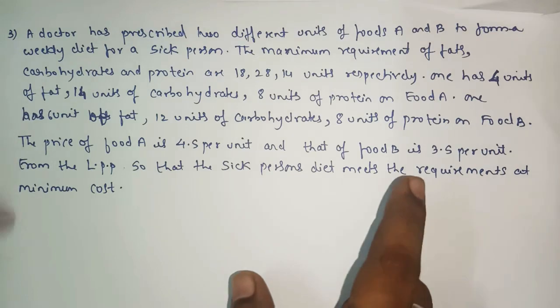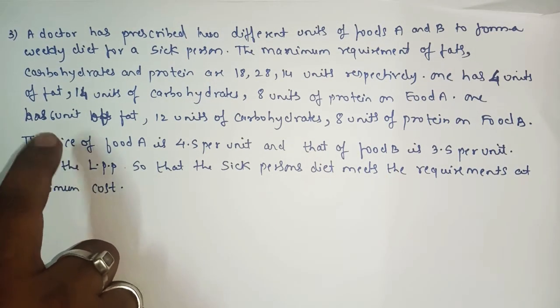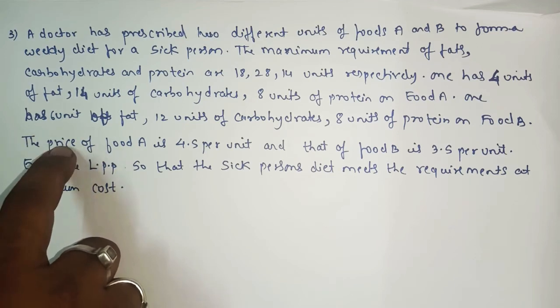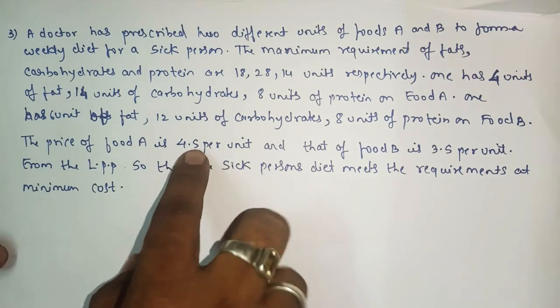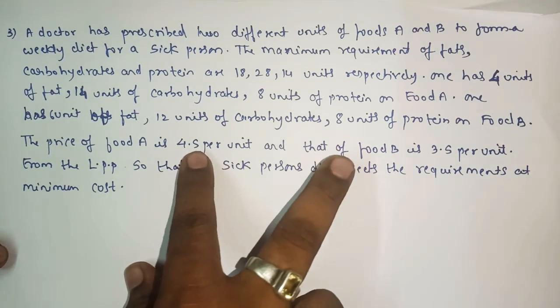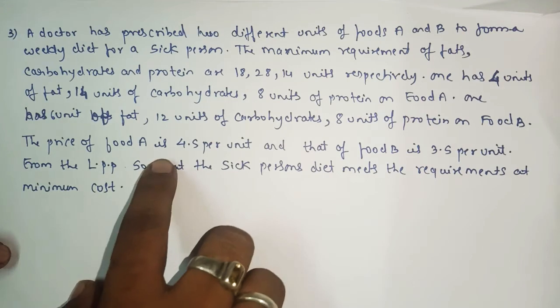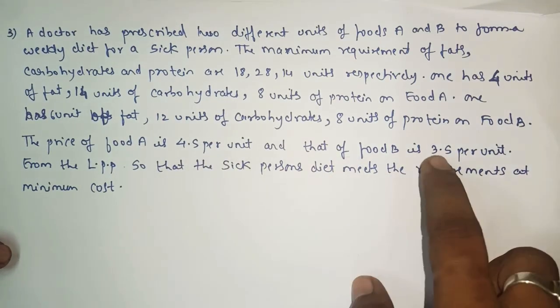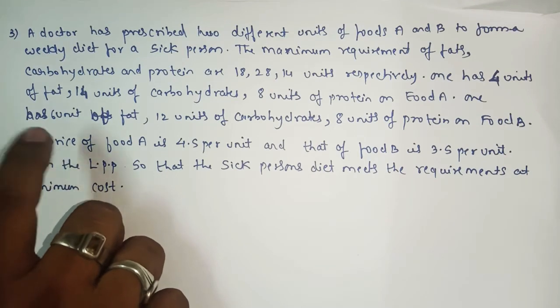No, but rupees is replaced by the word price. What is the unit of price? It is rupees only. Here we have 4.5 and here 3.5, so the price of food A is 4.5 and food B is 3.5. Price indicates that its unit will be rupees.